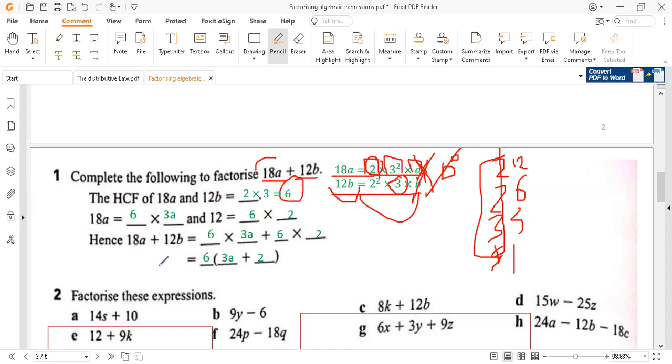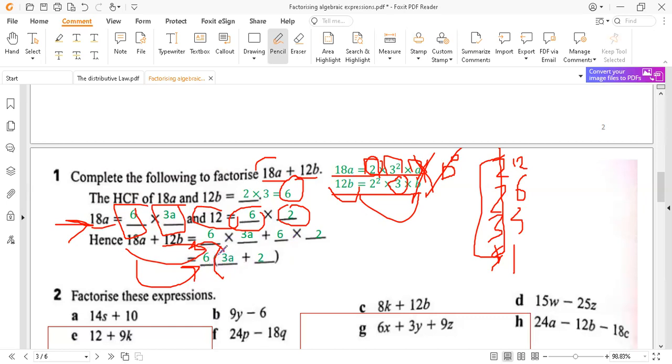So let's complete, to rewrite 18a, the first algebraic term, as HCF 6 times 3a, because if we divide 18 by 6, we obtain 3a only, and the 12 can be written as 6 times 2. So this algebraic expression can easily be factored by taking outside 6 as common factor, and we open a parenthesis.